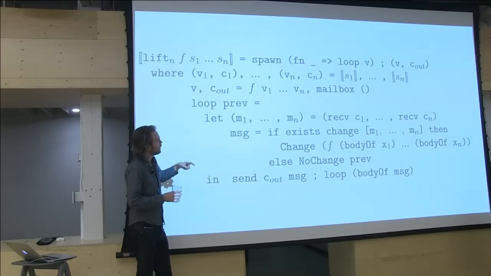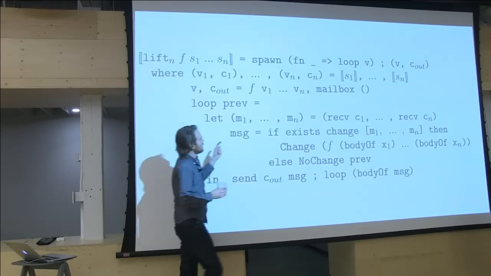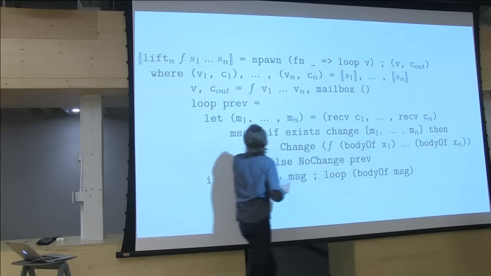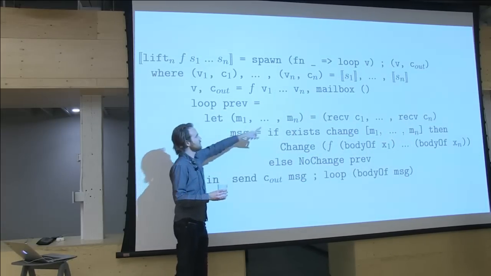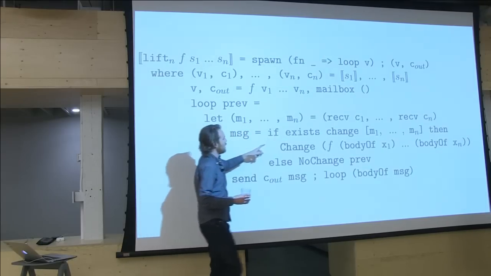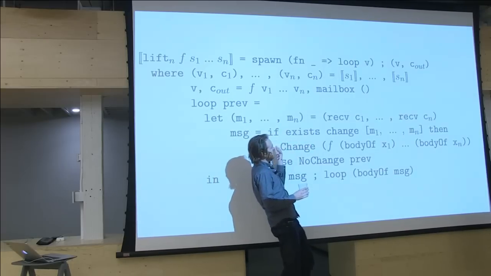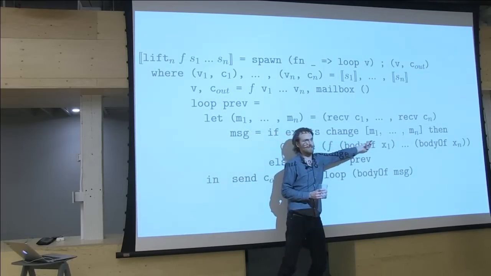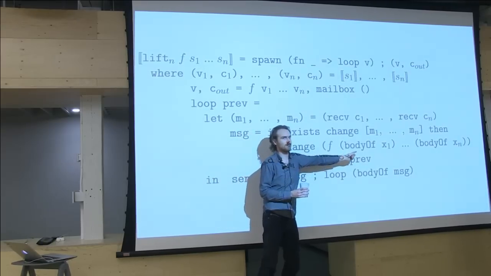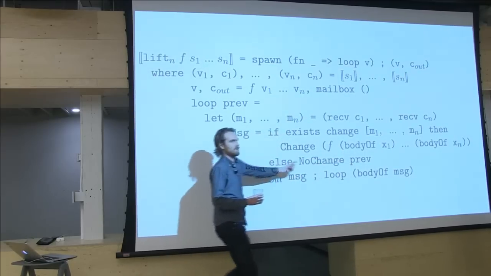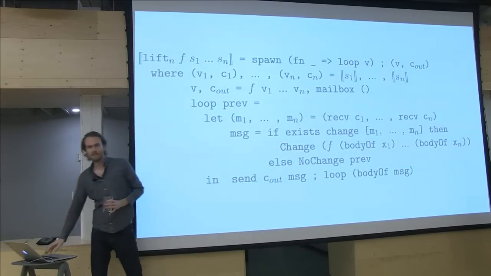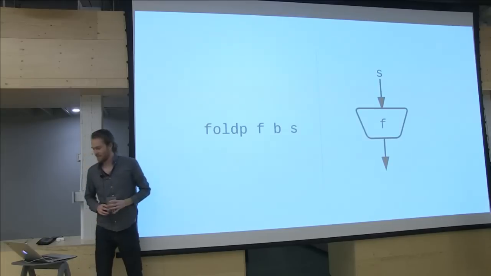Then we do the loop, and we wait for all of the signals, and then we assign them to some local bindings. And this means, if any of them are change events, then send out a change event with the function applied to all the values. Otherwise, send out a no change event with the previous value. Got it? OK. Fold P.